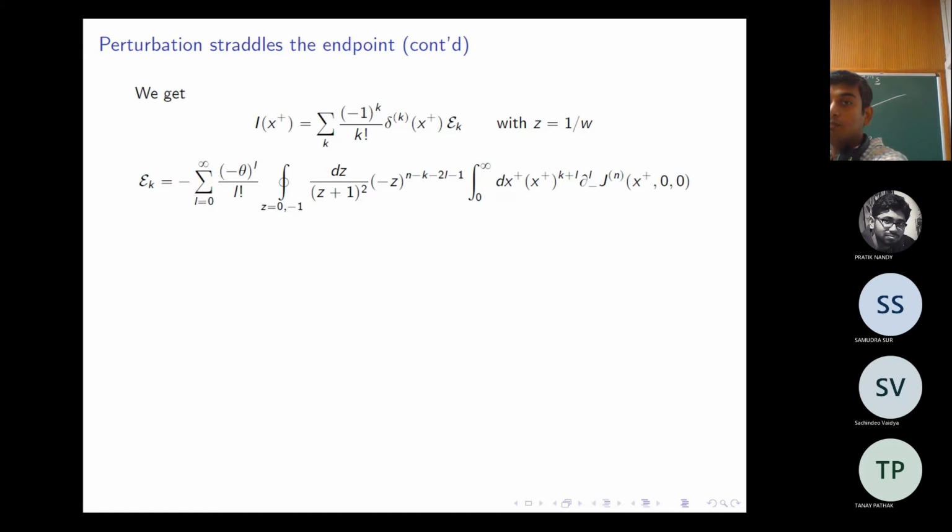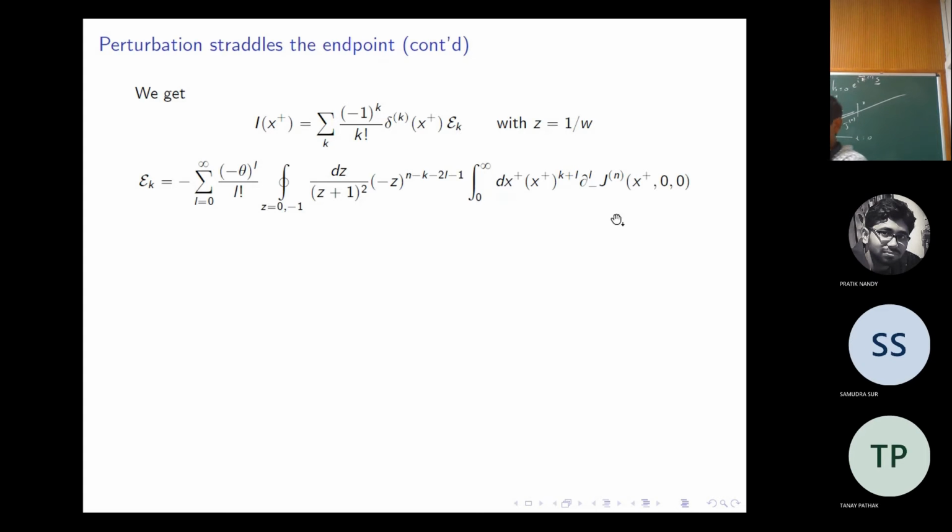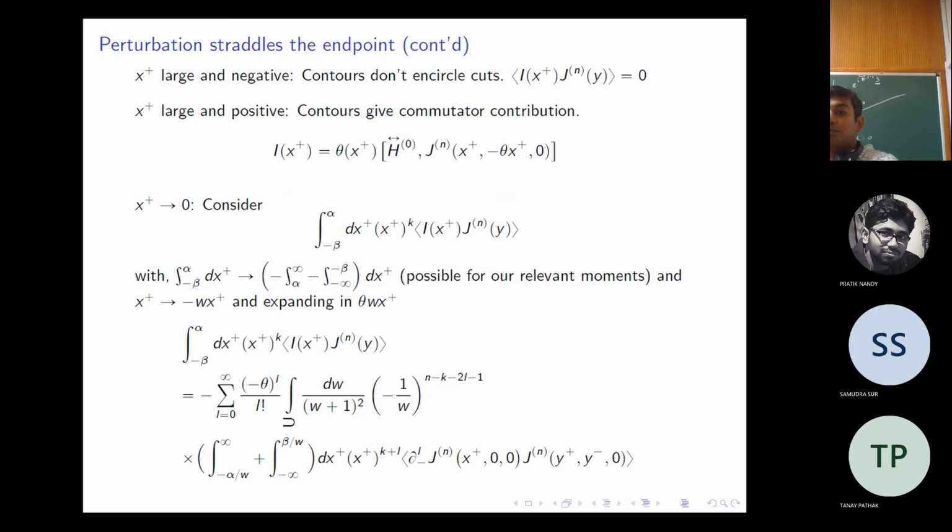So for x plus equal to 0, you get x plus some derivatives of delta functions and some quantity which is nothing but this light ray moment, which we will eventually obtain in delta H. So I again skipped some steps, but it basically goes exactly like the other cases.